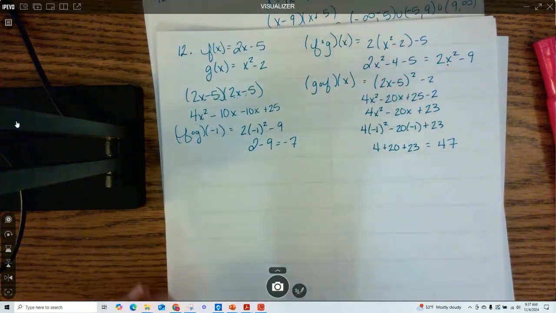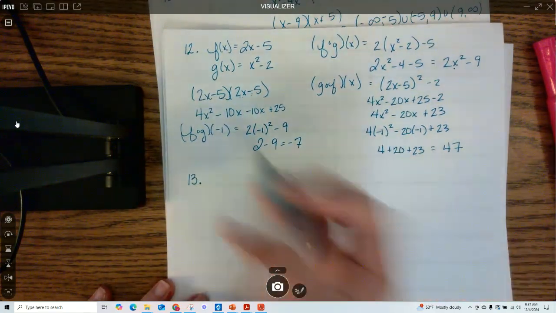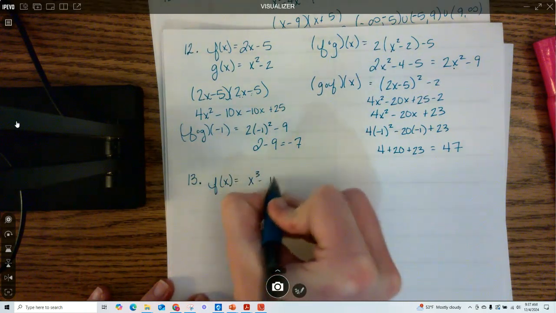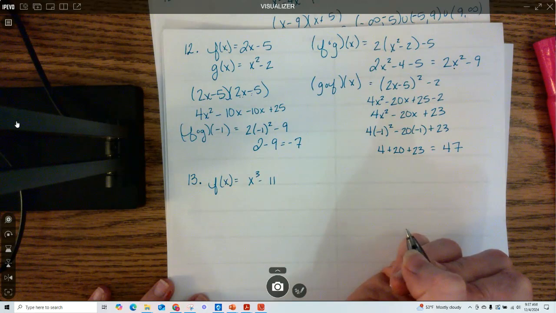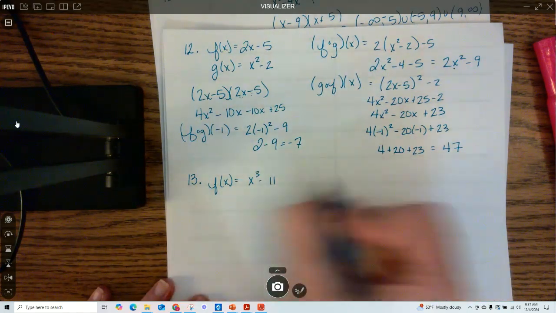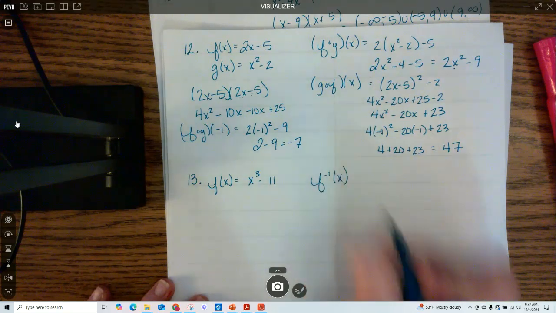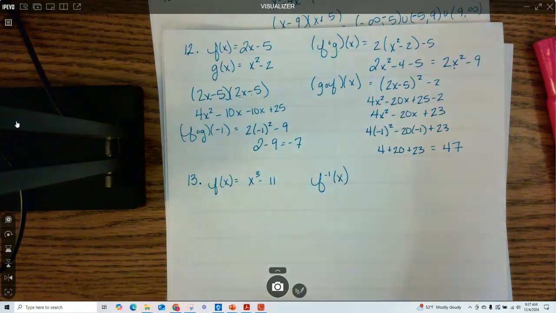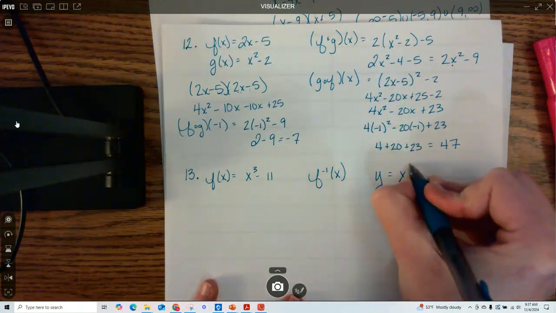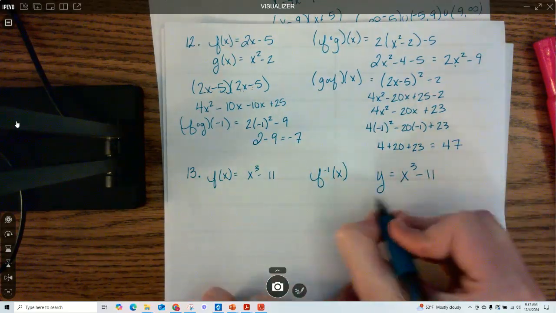All right, 13. The function f of x equals x cubed minus 11 is 1 to 1. Find an equation for f to the negative 1 power, the inverse function. So find the inverse. Okay, so if we change this to a y, and then we swap the x and the y.